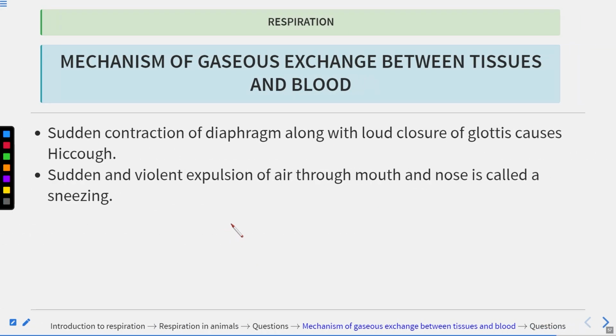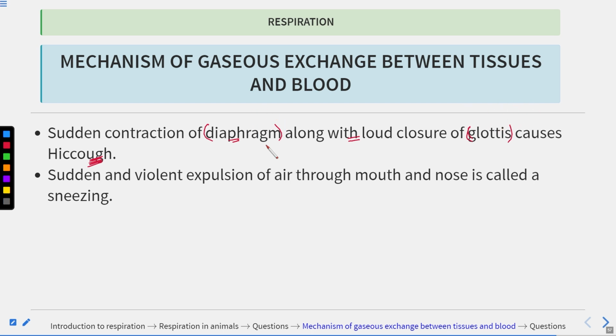Now, sudden contraction of the diaphragm along with loud closure of the glottis causes hiccups. This is not a disease, but hiccups you must have encountered in your day-to-day life. I have already explained these terms: what is glottis, what is diaphragm?